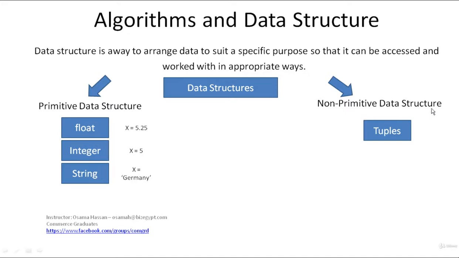Actually, non-primitive data structure in general is considered to be a group of elements such as an array, with each element containing a type of data, maybe float or integer or string.